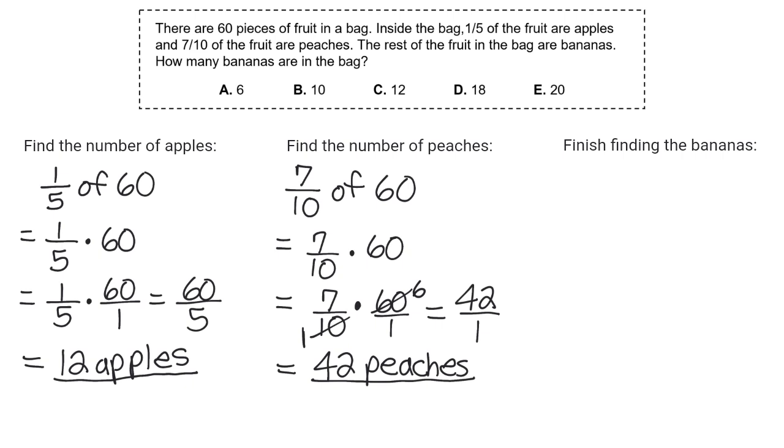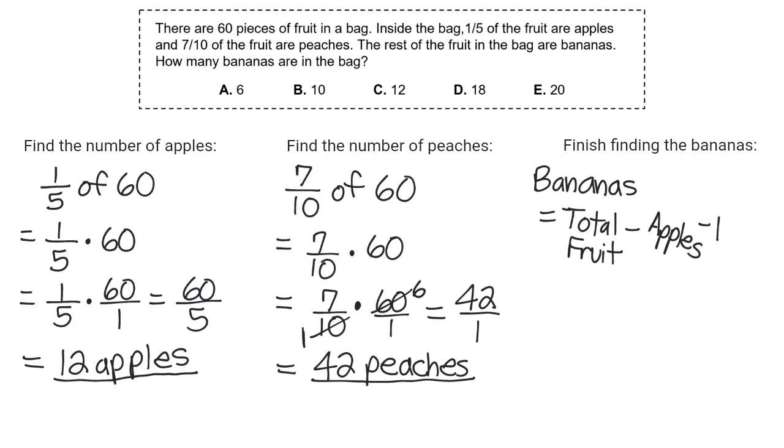Moving on, now we need to find the bananas. To find the number of bananas, you're essentially going to have to find, it's going to equal the total fruit minus the number of apples minus the number of peaches. And I'm going to see if I can get this in the frame.